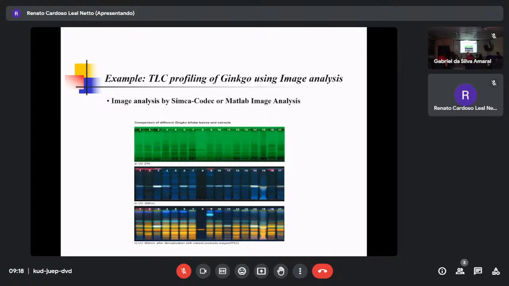I can treat it with acetic anhydride, but without acetic anhydride, you cannot see it. Then this one is a flavonoid, treated with the natural product reagent, a specific reagent. Without this, you can see it under UV. Then when you convert this to data, is there any problem with chemical reaction? Because after a chemical reaction, you don't know whether the yield is 100% or not.